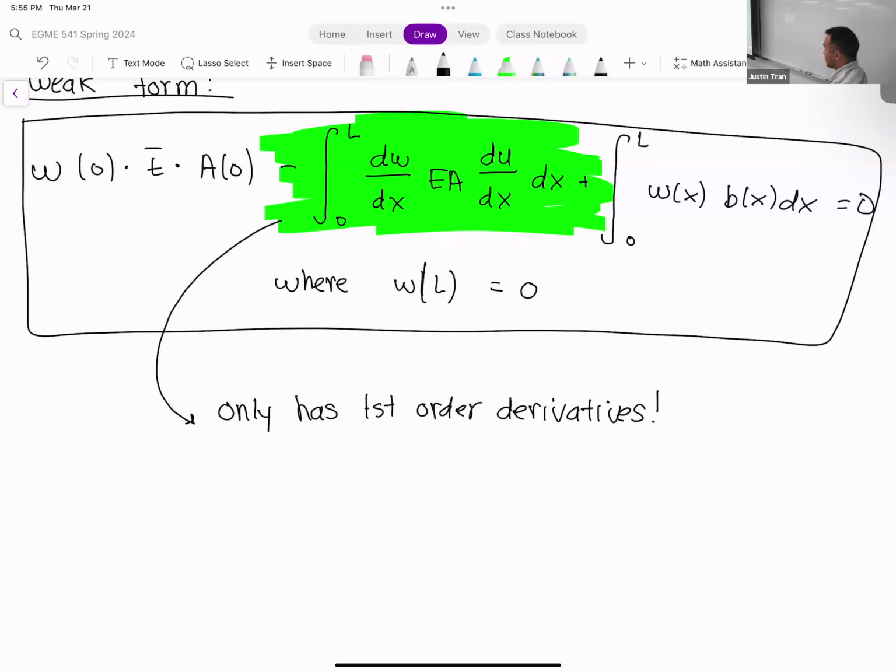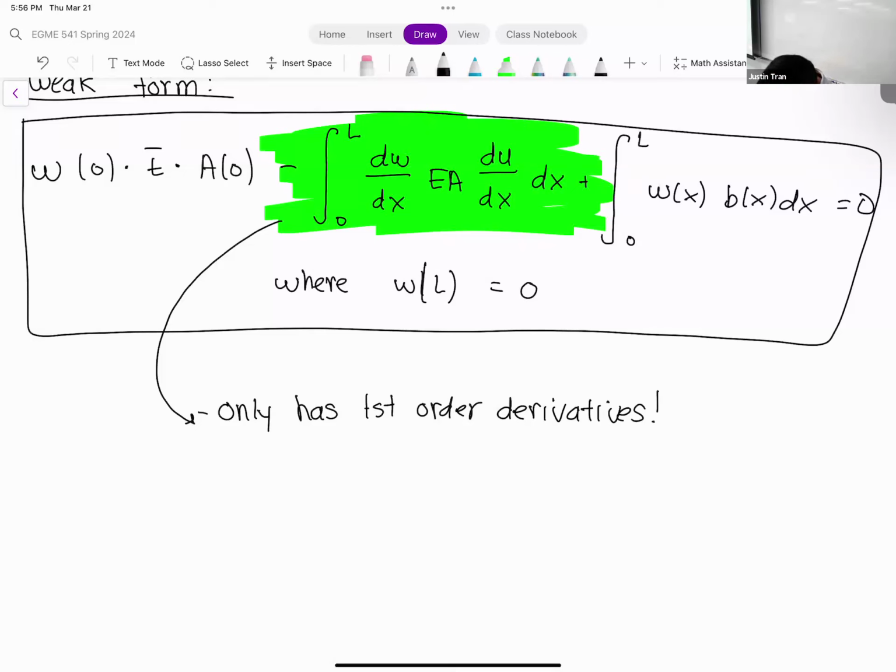So that's really nice, right? Going down from basically a second order differential equation to a first order differential equation. Granted, we have 2 functions to worry about now, but that's a very important characteristic that we're going to exploit later on.